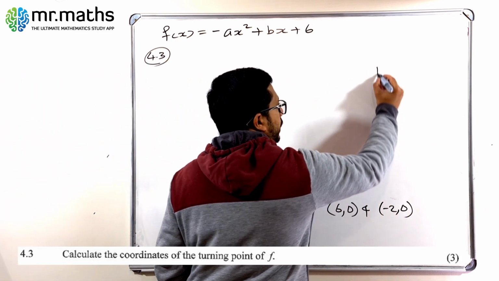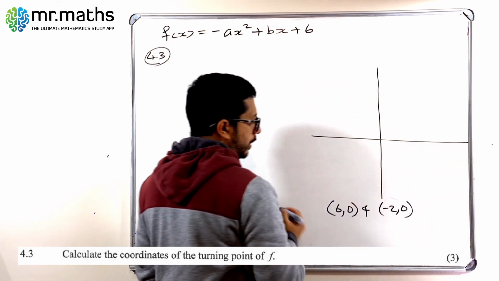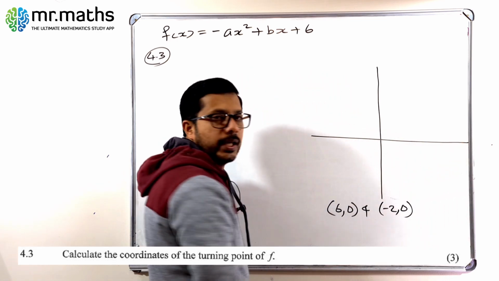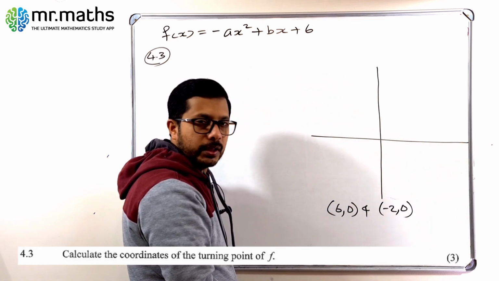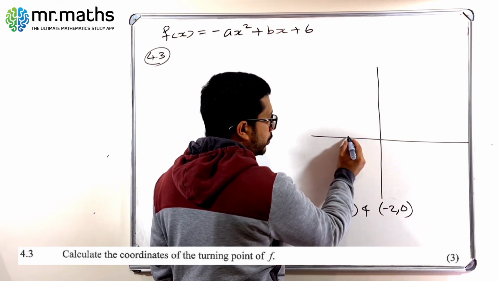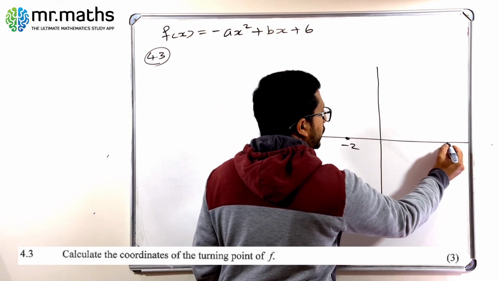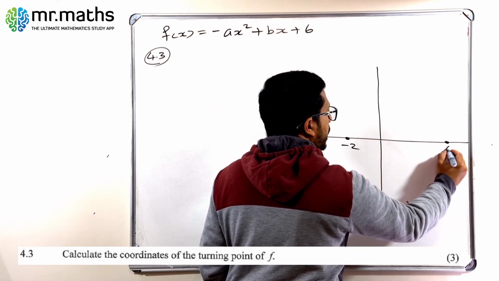There is a y-axis and x-axis, and here we got the x-intercepts of the graph: 6 comma 0 and minus 2 comma 0. So let's say this is minus 2, and this one is 6.